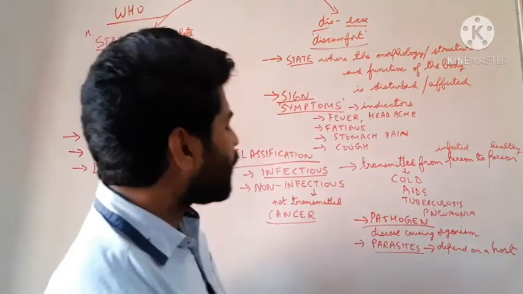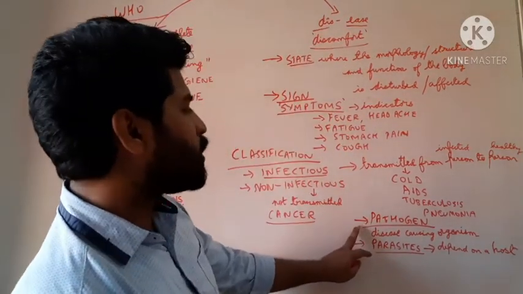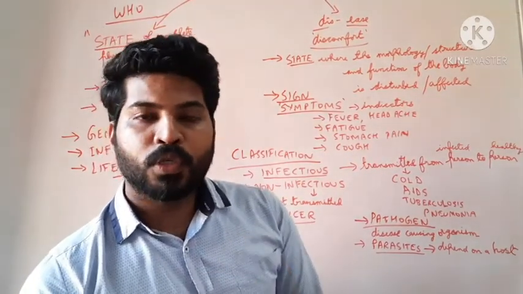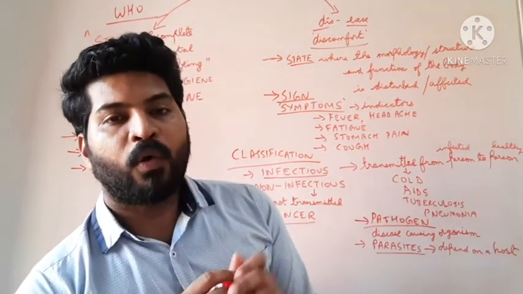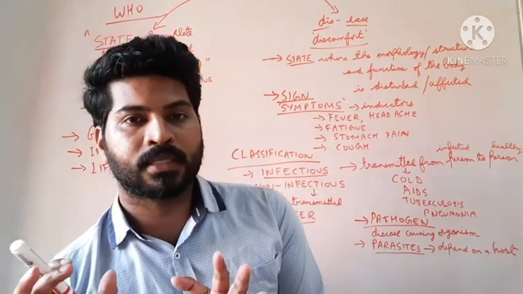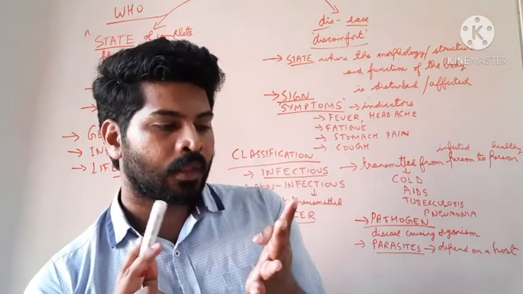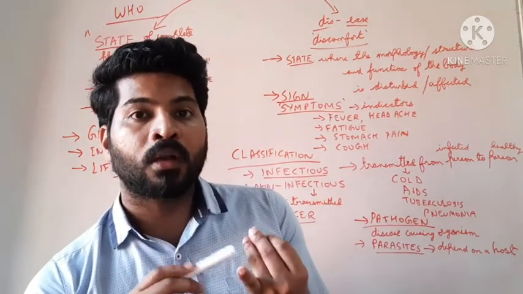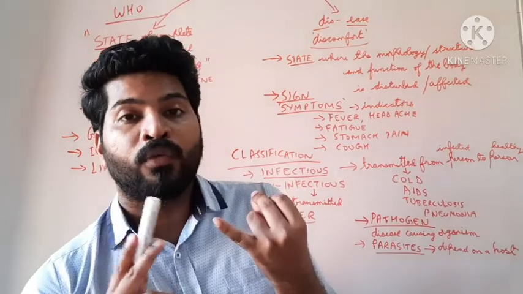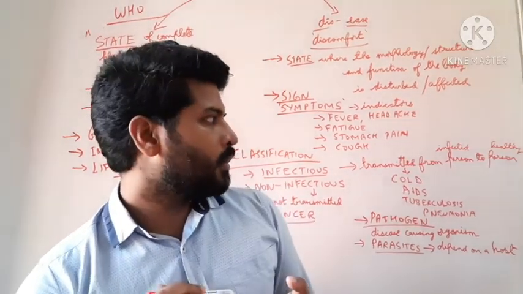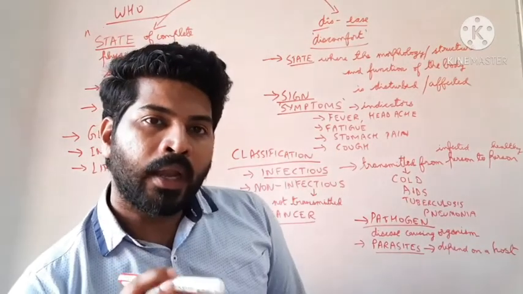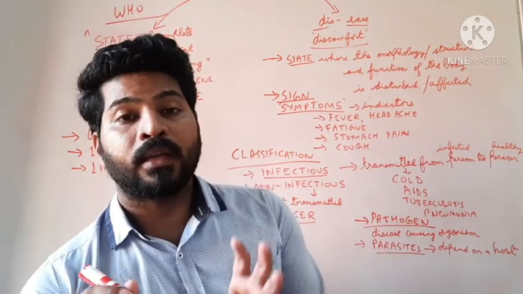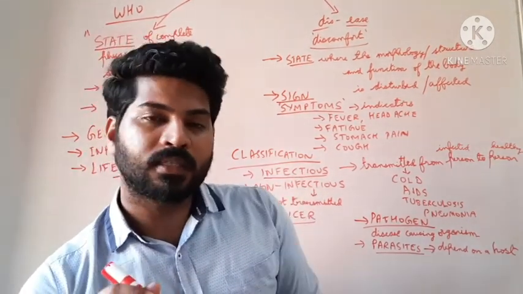In general, we can classify the pathogens into 5 or 6 categories. The most common pathogens affecting human beings are bacteria, virus, protozoa, helminthes or worms, also fungus, and not mentioned in the textbook but known to cause diseases in human beings are certain abnormal proteins.